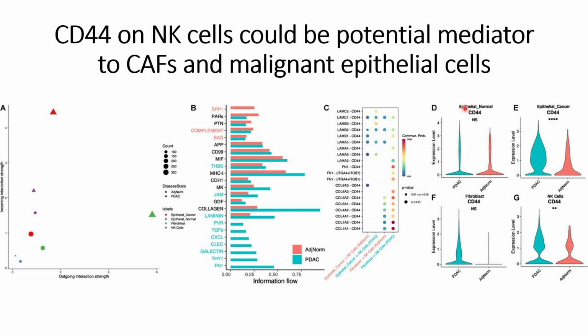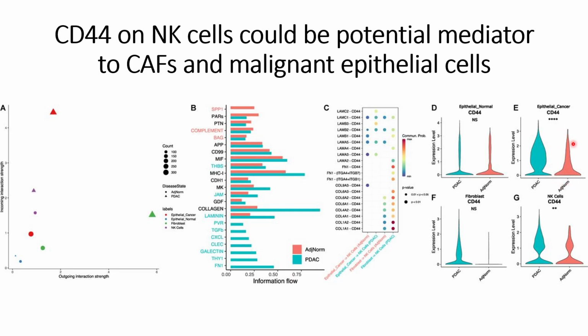First they checked the normal epithelial cells. Between the adjacent normal cells and the PDAC cells, they did not see much change in CD44 for the normal epithelial cells, but when they checked the epithelial cancer cells, they saw an increase in CD44, and this increase is significant compared to the adjacent normal epithelial cells.